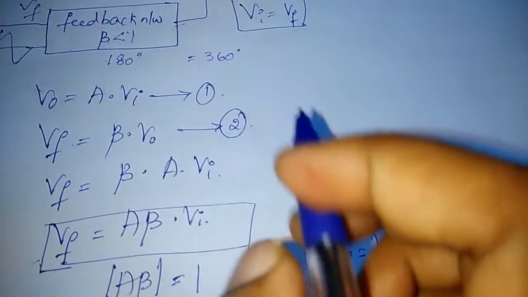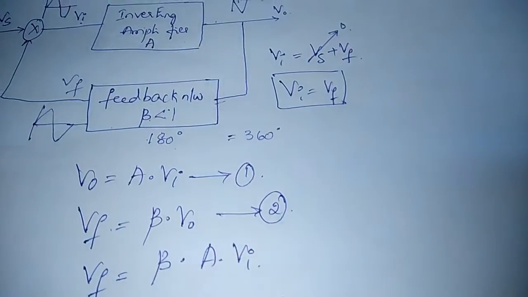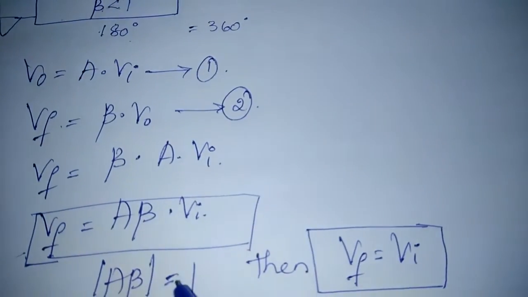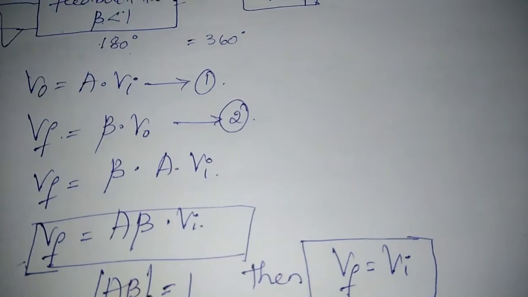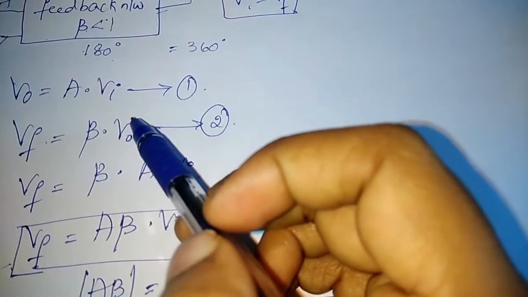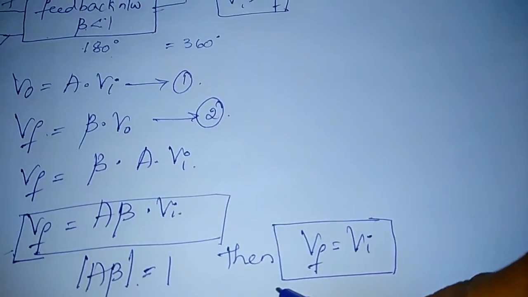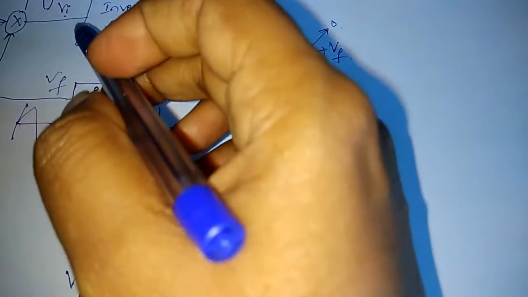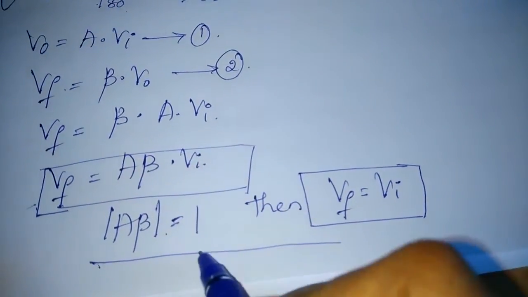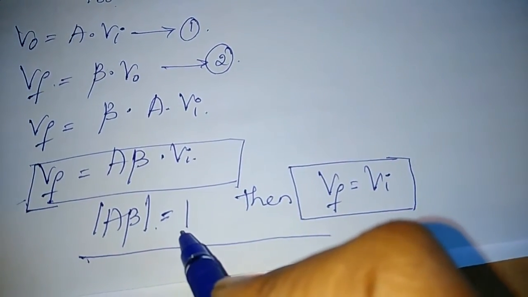That means in the case of oscillators, your source input will be equal to 0. Though it is 0, you will be getting output here. When the magnitude of A beta is equal to 1, the product of the open loop gain and the feedback gain is equal to 1, then the Vi signal is the same as your feedback signal. These two are the required conditions to make this circuit work as an oscillator.